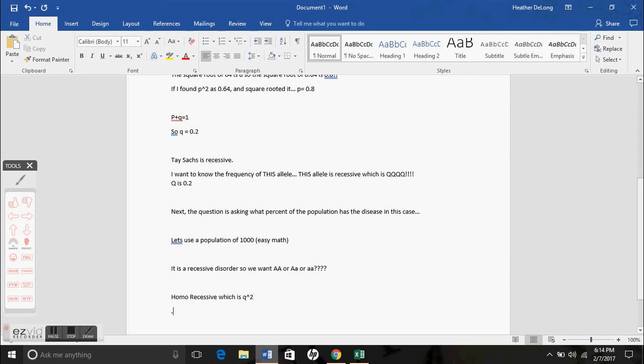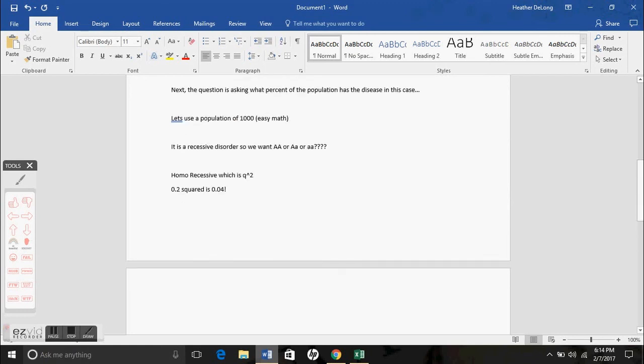Homozygous recessive is the equivalent of Q squared. 0.2 times 0.2 equals 0.04. Using our population of 1,000 individuals times 0.04, our Q squared number, we can figure out that there are 40 individuals in our 1,000-member population that would be diagnosed with Tay-Sachs disease.